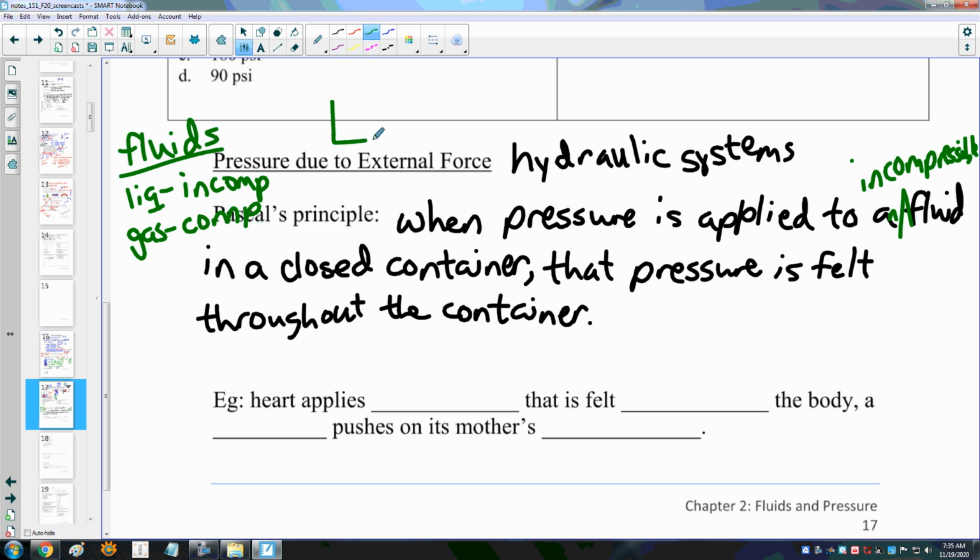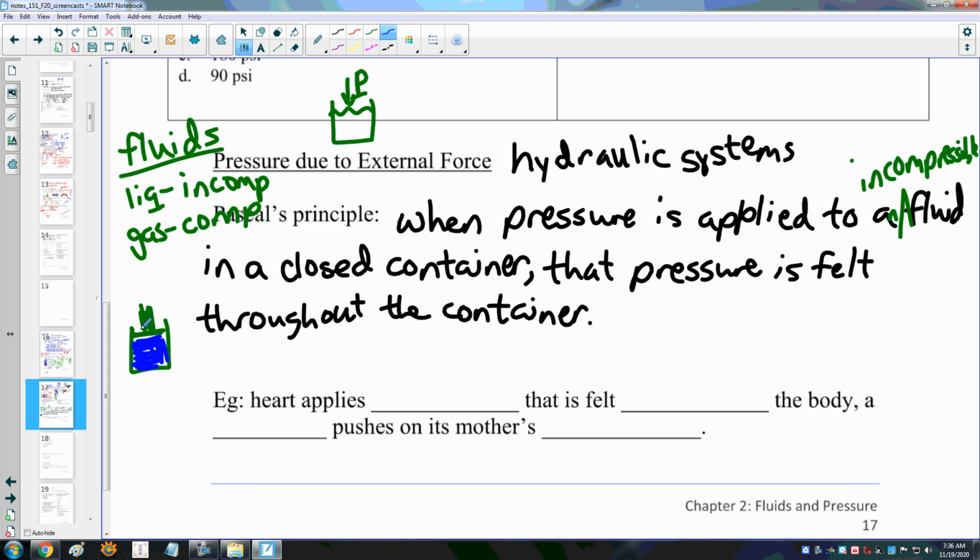So if I have a liquid and I apply a pressure to it, it doesn't change the volume of the liquid. Now, when I have a closed container, so let's say that I have a container like this, and there's a piston pushing down on it, and it's filled with some liquid.